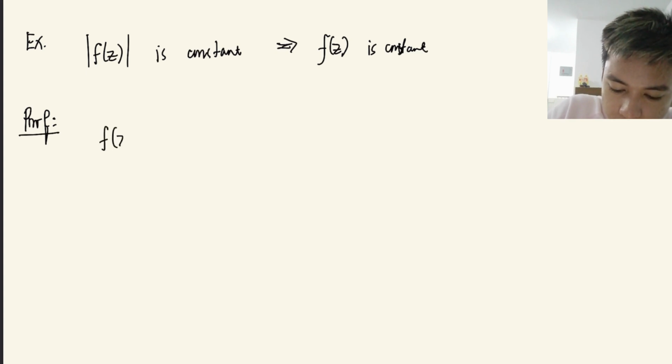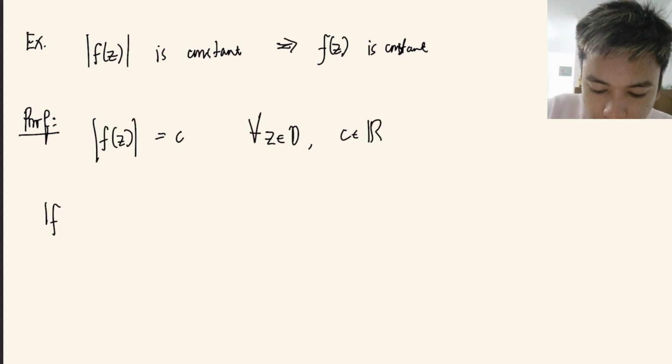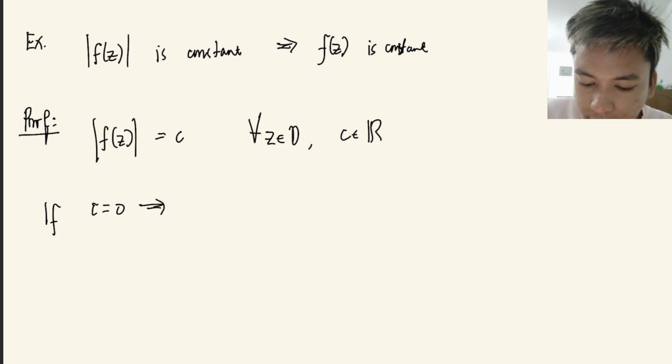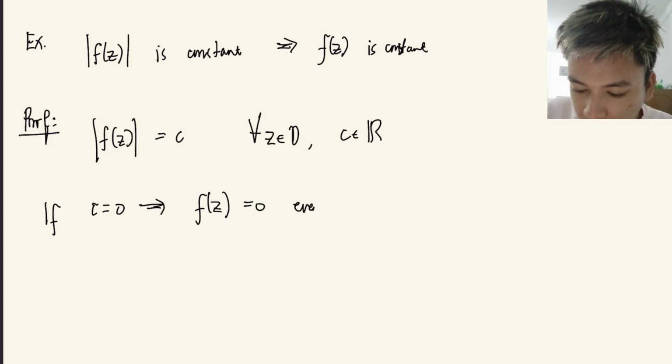Suppose the modulus of f of z, since this is constant, we let this be c. So that's for all z in D, and your c is in R. Now, let's evaluate this. If c is 0, then your f of z is 0 everywhere in D.